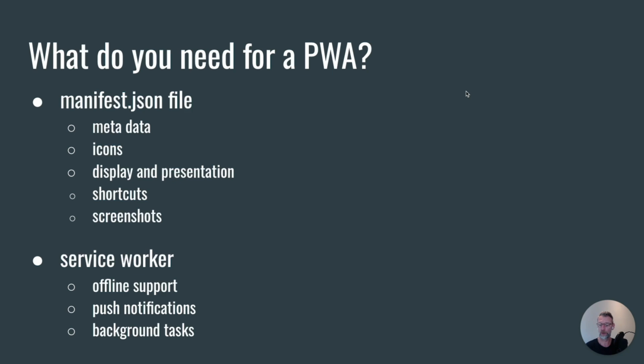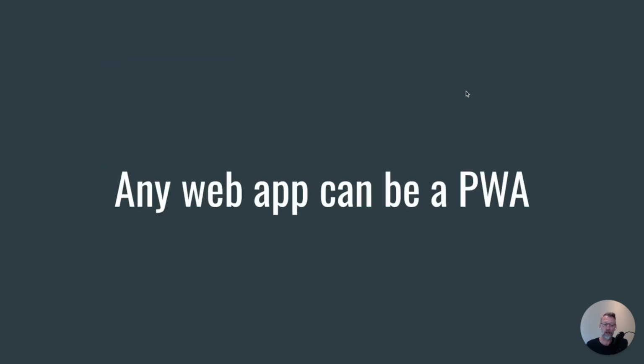You can use it to make your web app work fully offline. It also takes care of receiving push notifications and background tasks like background sync and background fetch that I'll also talk about later. So if you add these two things to your web app, then you can turn it into a PWA, which basically means that any web app can be a PWA.